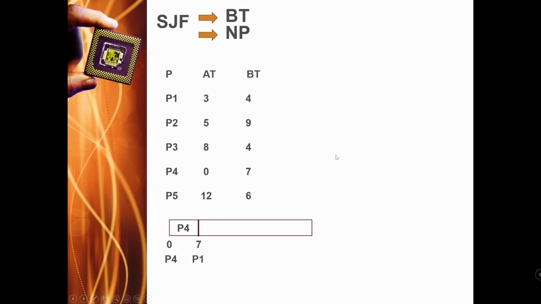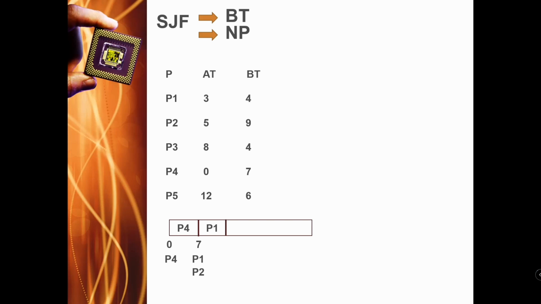So, dito na ngayon papasok yung burst time since meron na nagkasabay na process. So, i-base na natin dito is yung burst time. So, as you can see, P1 has a burst time of 4 while P2 has a burst time of 9. So, makikita natin na ang mas maiksi or mas mabilis na burst time ay yung P1. So, P1 ang susunod na mapaprocess ni CPU.